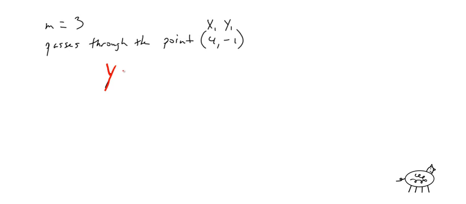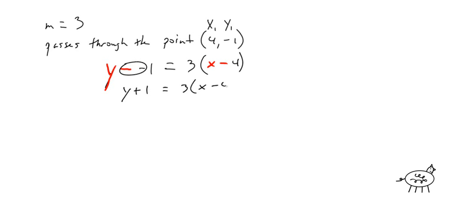It's y minus, and then let's put our value in here. So it's y minus -1 equals the slope, 3, times x minus, and then we put our value of x there, 4. So of course we simplify this. We get y plus 1 equals 3 times x minus 4.